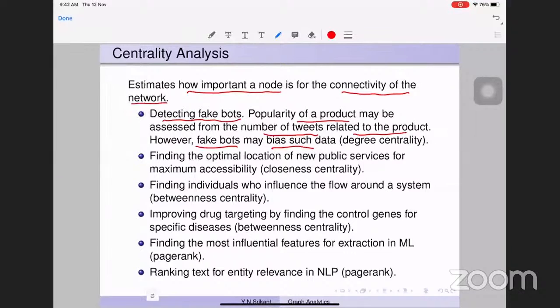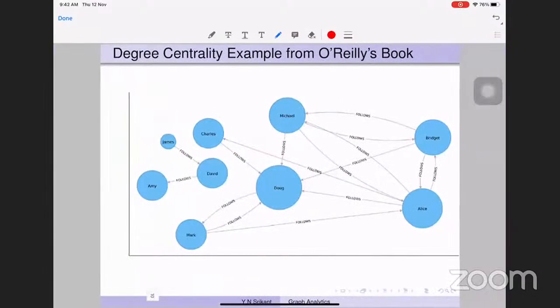So it uses a centrality known as degree centrality. Let me show you an example of this and then we will go further. There is a very nice book from O'Reilly. If you just search for graph analytics and O'Reilly, you will get that, and it's a freely downloadable book. No problem about that.